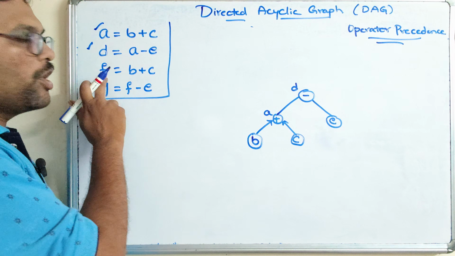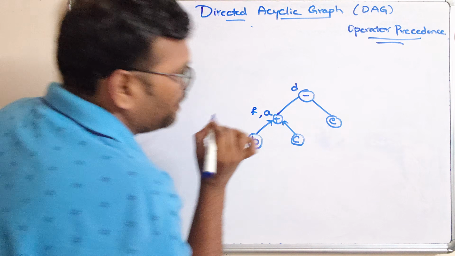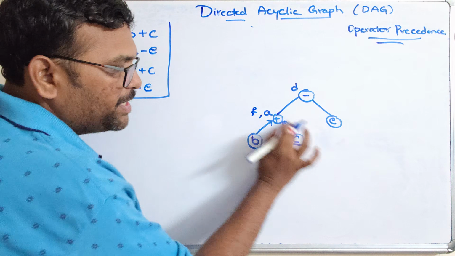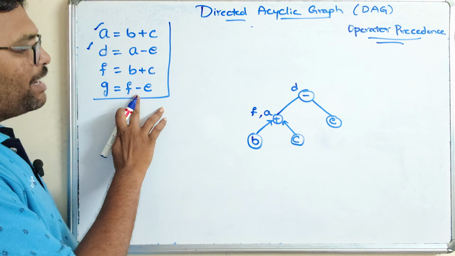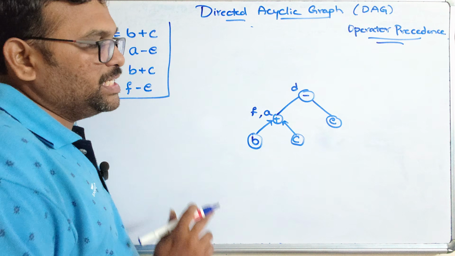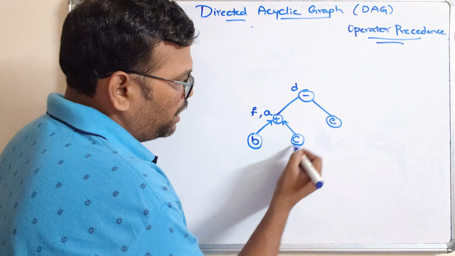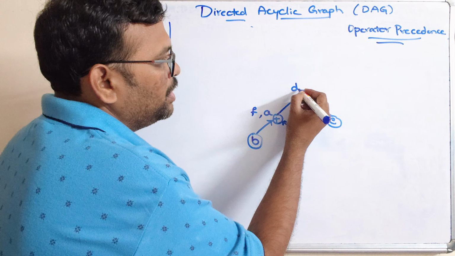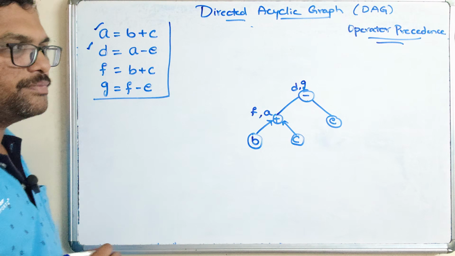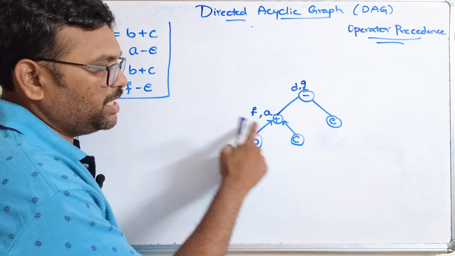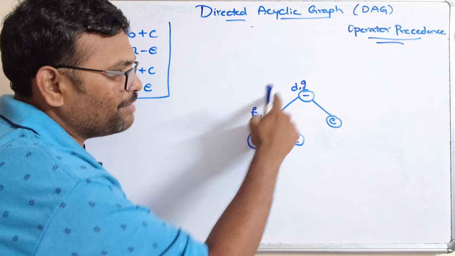The same values we are adding, and we are calling it F. So you can give the same node the label F. A is B plus C and F is also B plus C. And G is equal to F minus E. F is nothing but this one, minus E, so this is also G. A is B plus C, F is B plus C, D is A minus E, and G is F minus E.